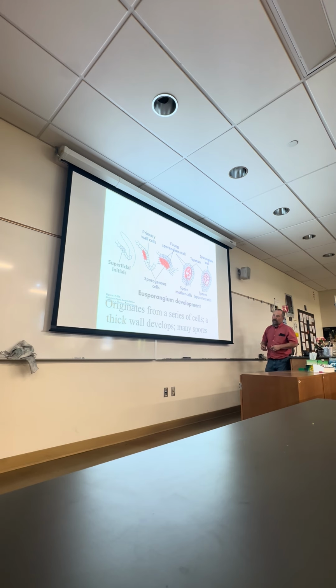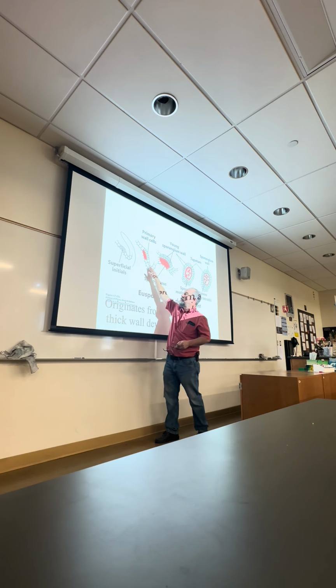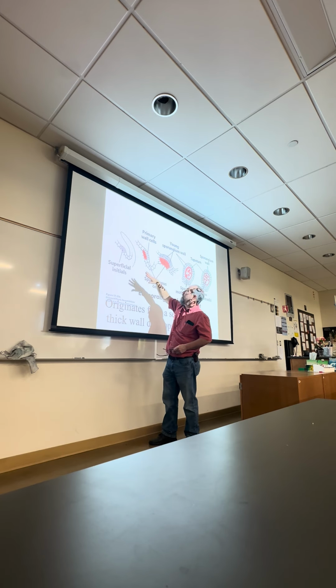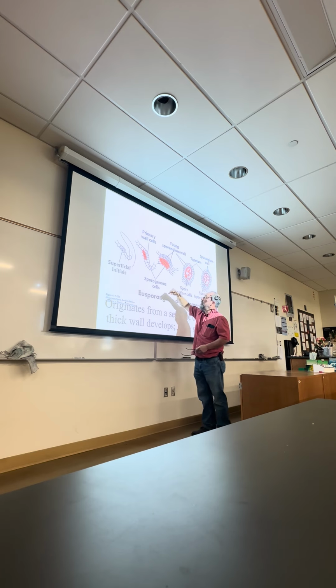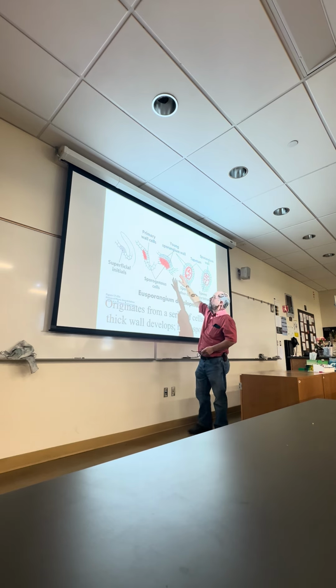Now remember we talked about eusporangium and leptosporangium? You don't need to know which groups have them, but it's nice to know what it actually is. So eusporangium originates from a series of cells, right? So you have these kind of initials. This is the underside of the leaf, and this is going to turn into the sporangium.